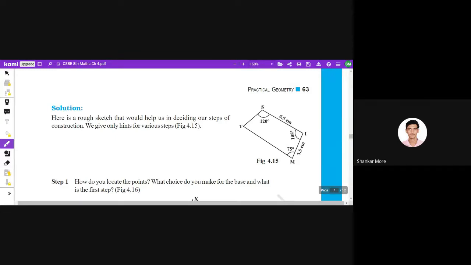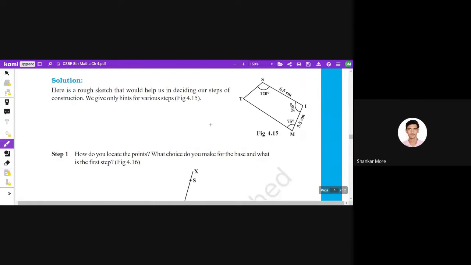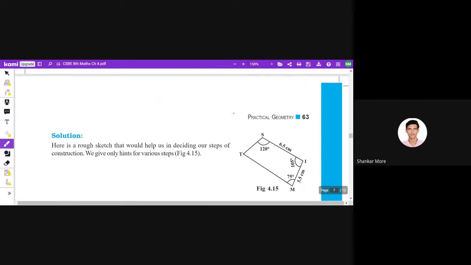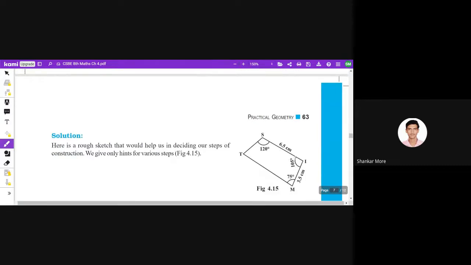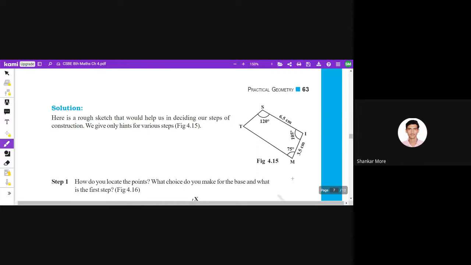So now we know that MIST has MI is equals to 3.5 centimeter, IS is equals to 6.5 centimeters. So we draw it like this, and we know that angle I is 105 degree, right? So we draw it like that. Then we have angle M as 75 degree and angle S as 120 degree, right? So this is our rough figure.